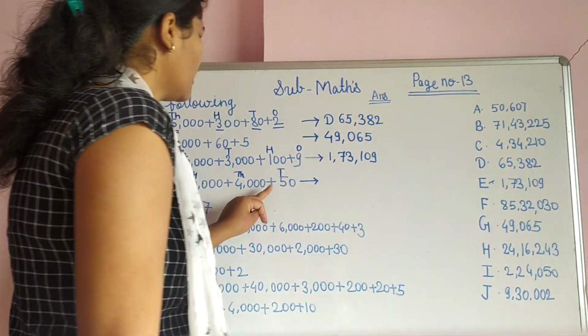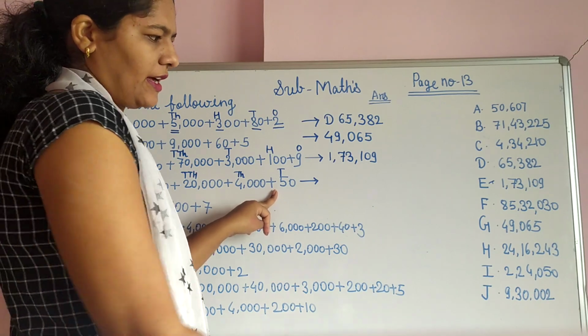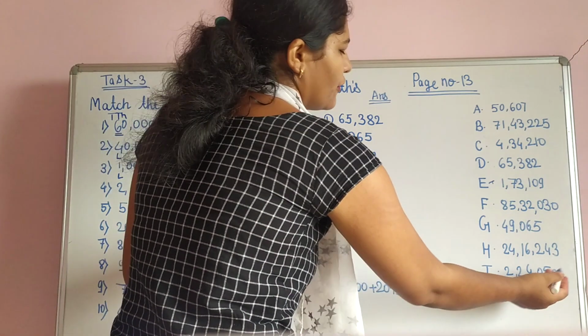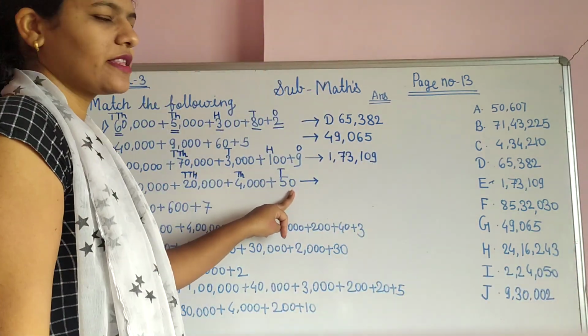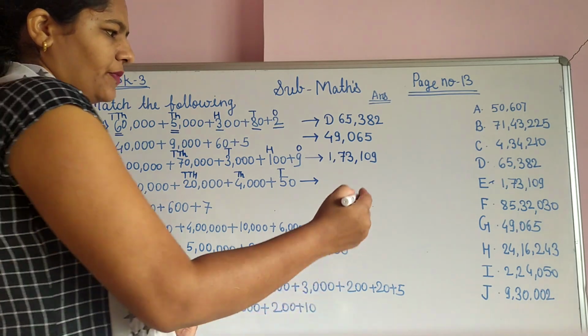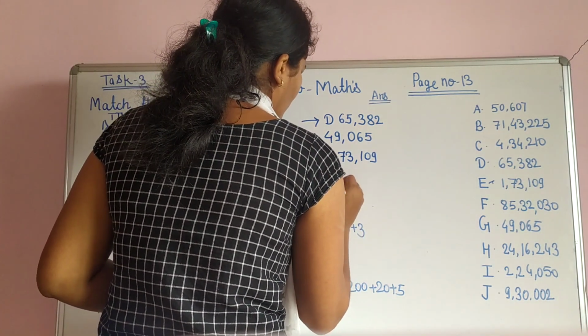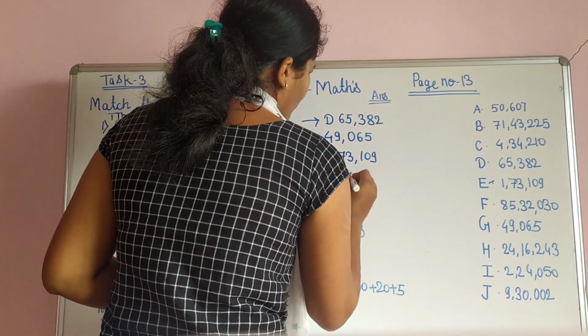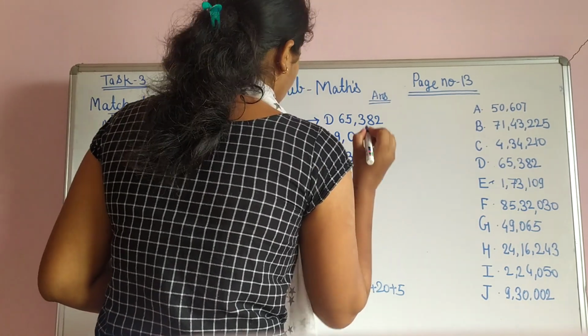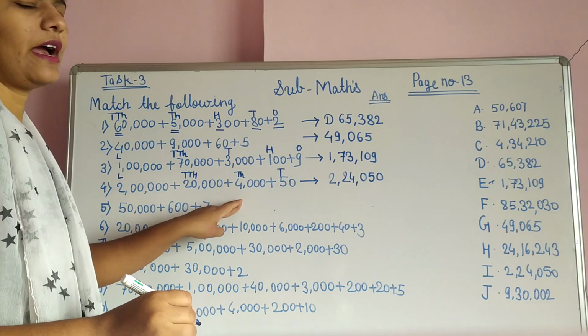On the 100 place, 0 is there, and there also 0 is there. On the tens place, 5 is there, and here also 5 is there. And the ones place, 0 is there. So there is a 0. So what is our answer? That one is our answer. 2,24,050. Yes, this is our answer.